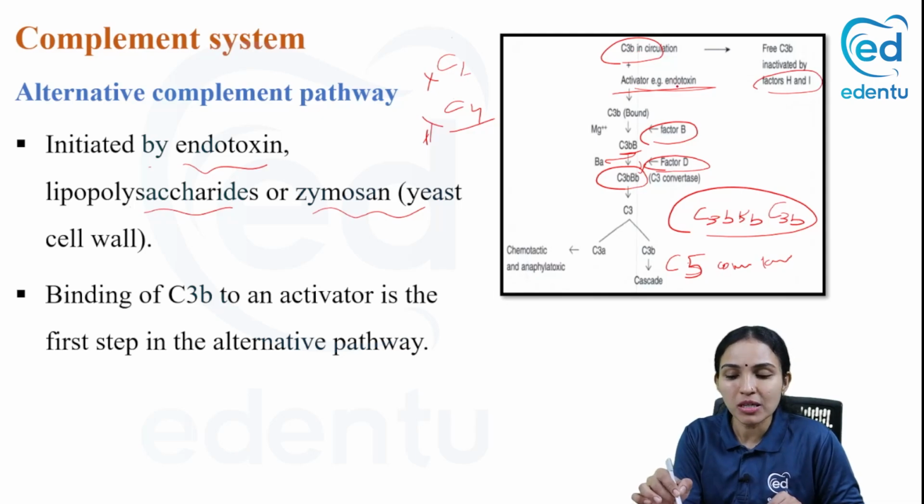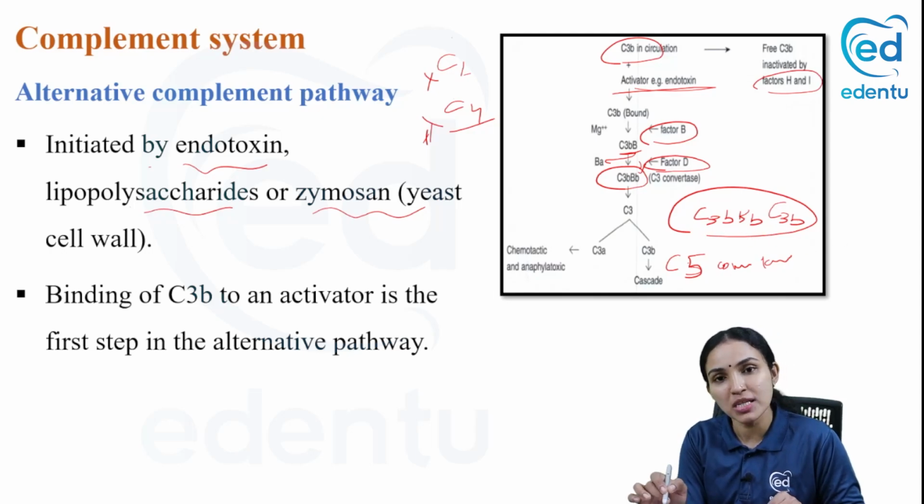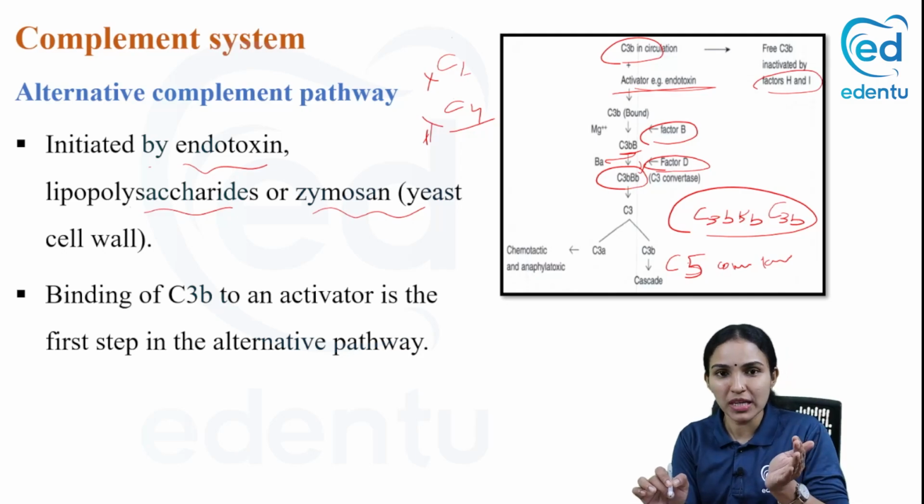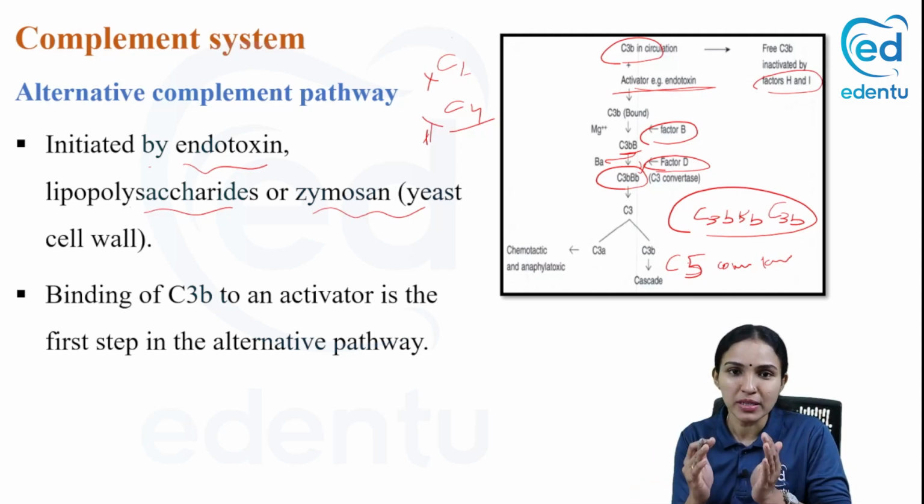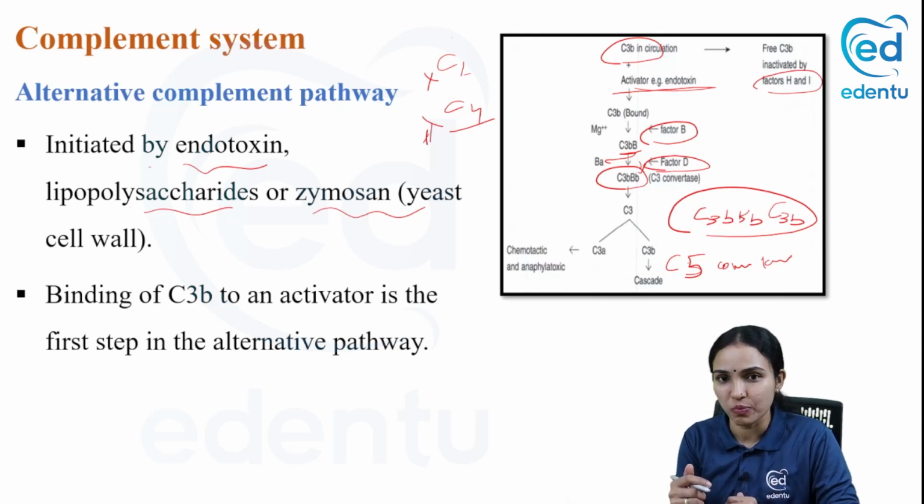So C3b binds to endotoxin and adds on factor B, this factor B gets cleaved by factor D, and finally this acts as a C3 convertase, and you now have C3b also in the cascade. So C3bBbC3b: at the beginning and the end you have C3b, in the middle you have Bb. This is the C5 convertase of the alternative pathway.